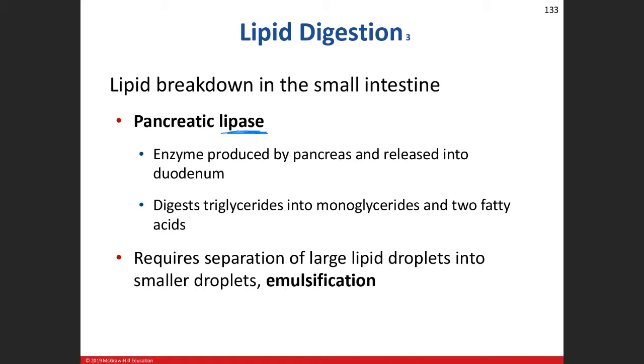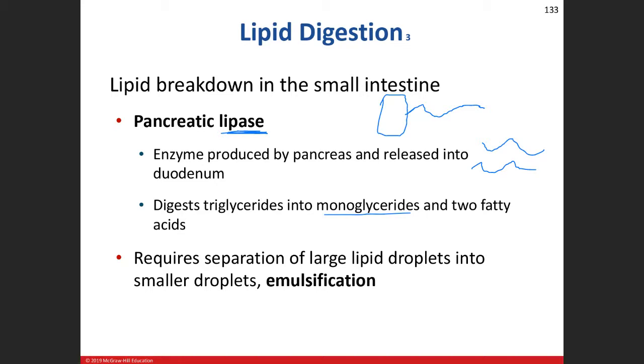It's going to convert those triglycerides into monoglyceride, meaning you have the glycerol group with one fatty acid attached to it, and then we have two individual fatty acids all by themselves. That's cool. We're starting to get there. We're breaking stuff down here.